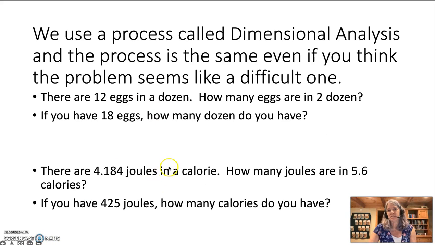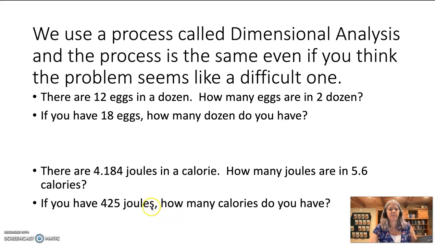The process we use is called dimensional analysis, and it works by the same process no matter if you're dealing with eggs or you're dealing with joules and calories or any other kind of units, different units to represent the same things.